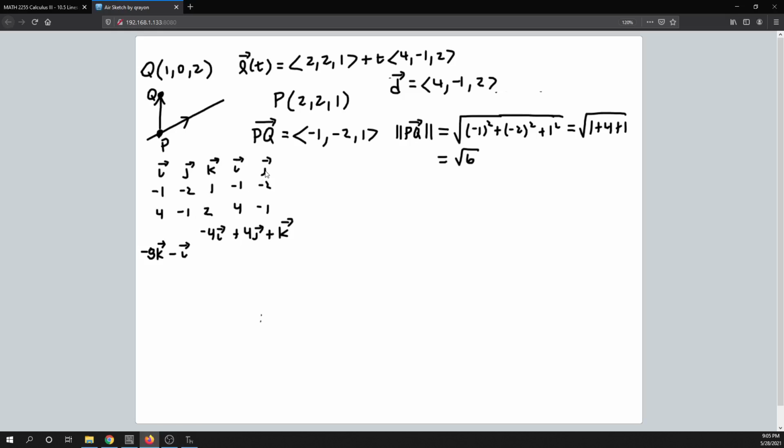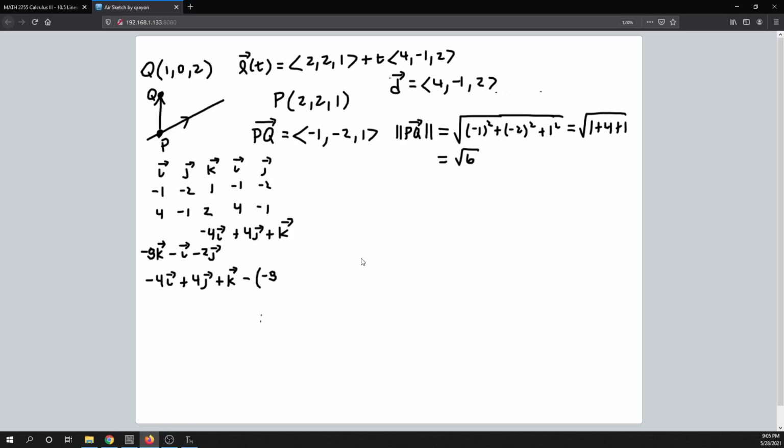And then we have j times negative 1 times 2, that's minus 2j. And then we are going to subtract those, so it's negative 4i plus 4j plus k. So the ones on the right minus the ones on the left.